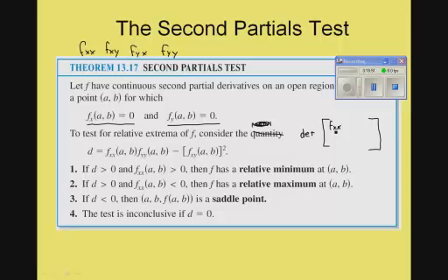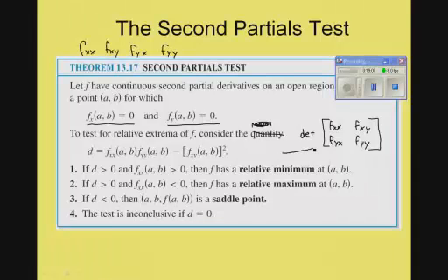Let's see, row X. So F_xx, F_xy, F_yx, and F_yy. Let's consider that.